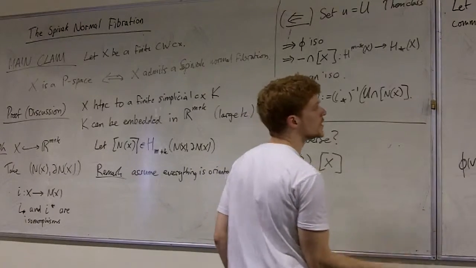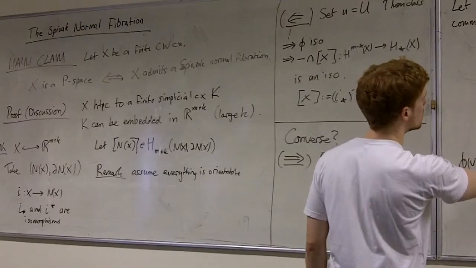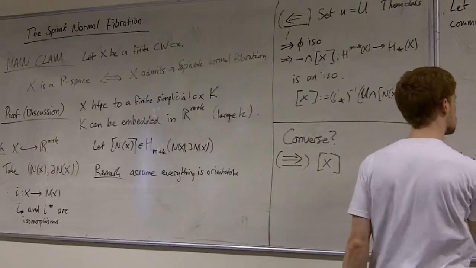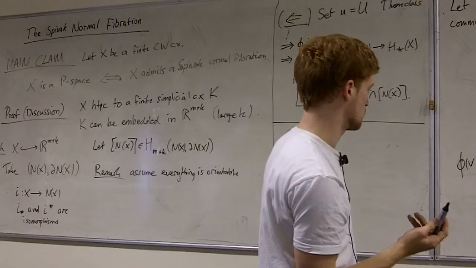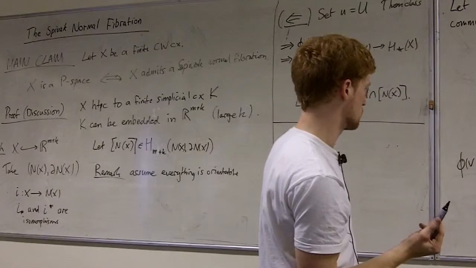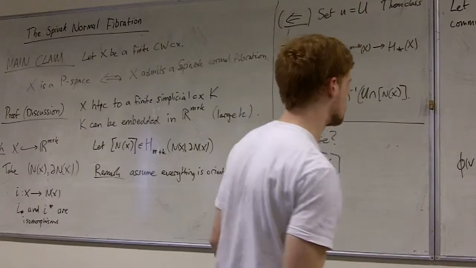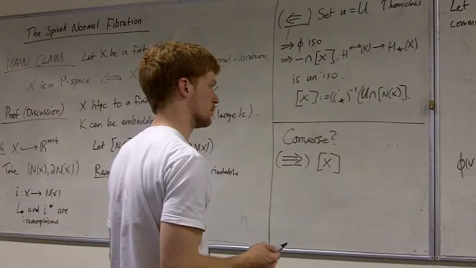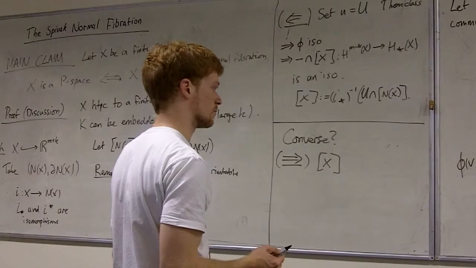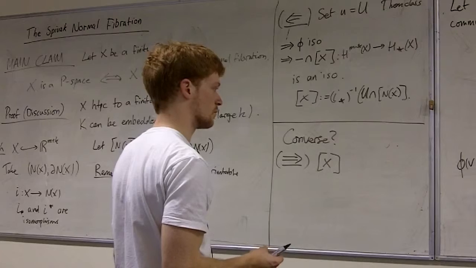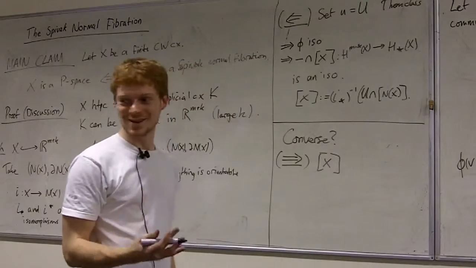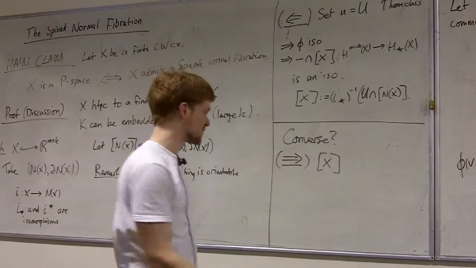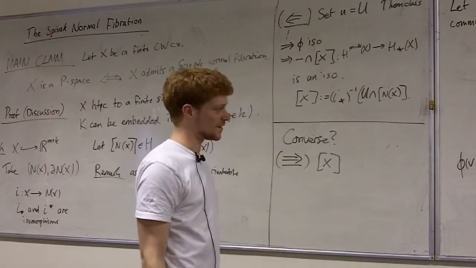So this is an isomorphism which makes, is it an isomorphism? I'm trying to say that now that I've got an x, this uniquely defines a class U.